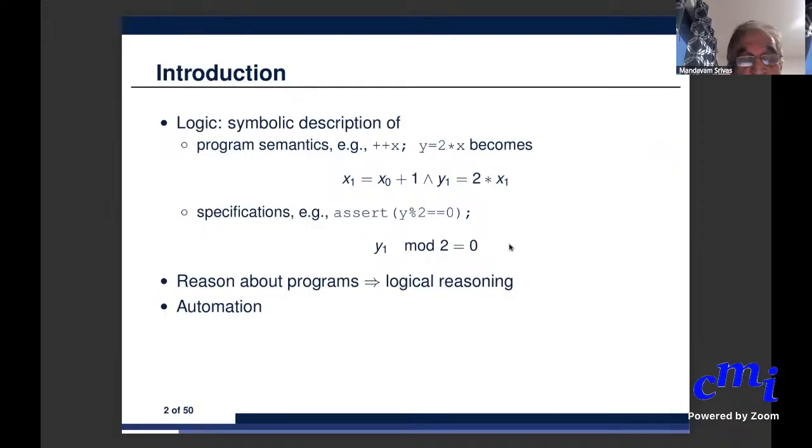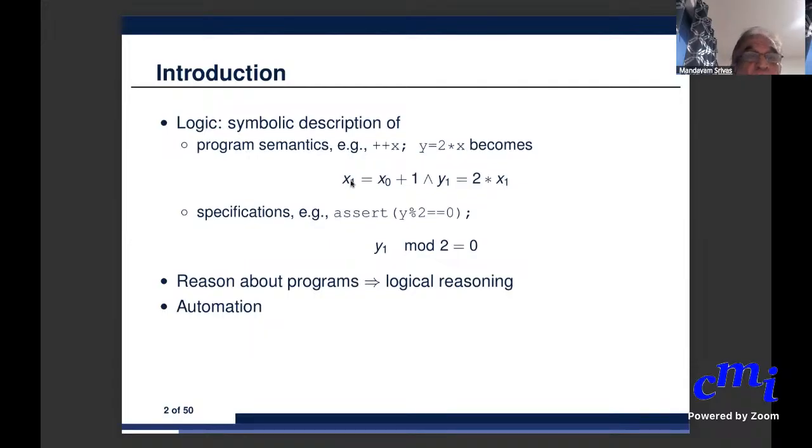Of course, you could study logic just for its own sake, for the interesting kinds of properties and structures it has. But in this course, our intention is to use logic to model programs and programming systems, specify their behaviors, and use logical reasoning to analyze properties of those programs, also in an automated fashion.